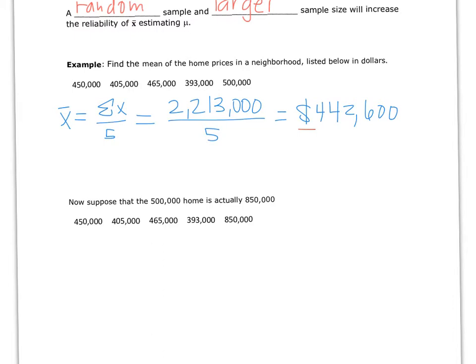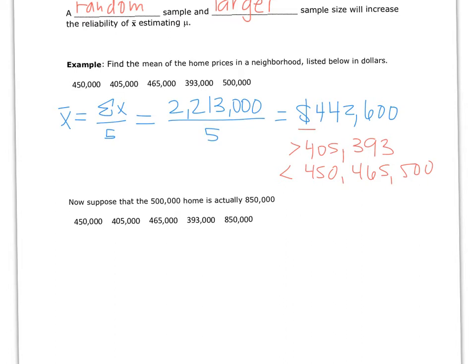So this is a measure of central tendency in this list of data, and it makes sense because it is greater than two of the values. It's greater than 405K, and it's greater than the 393. And it's less than three of them: 450, 465, and the 500.